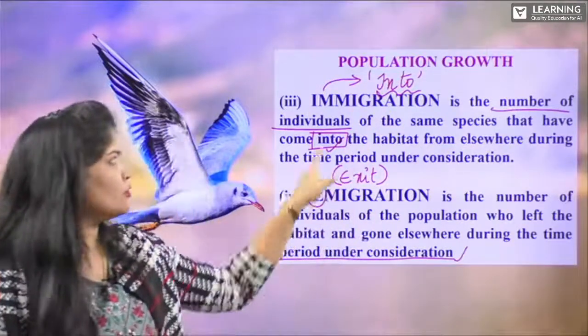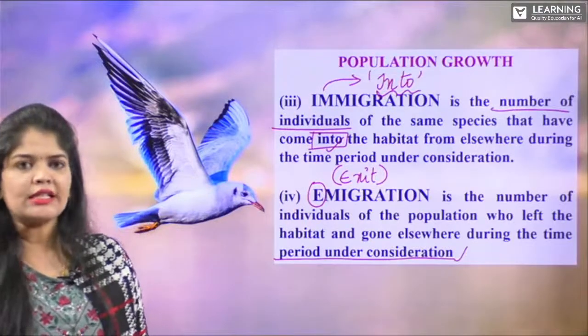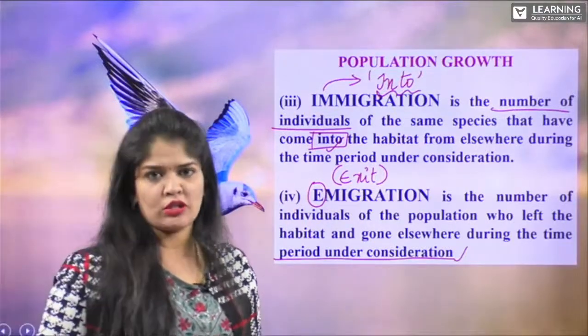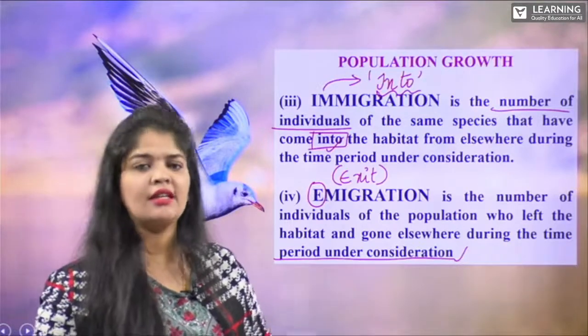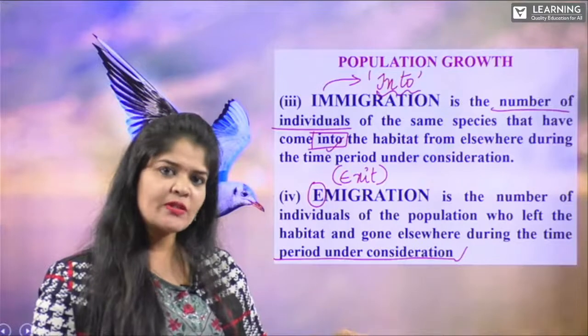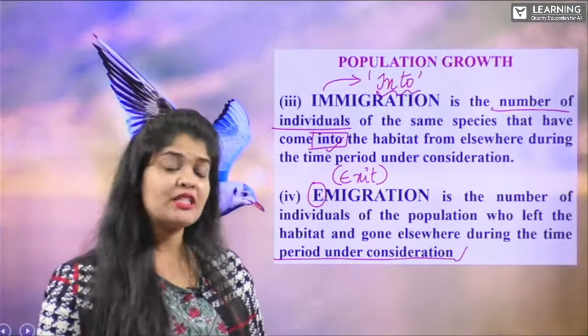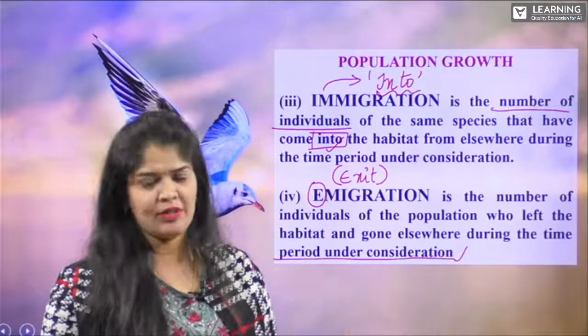That is the thing we have to remember. So the 4 basic processes: natality, birth; mortality, death; immigration, number of individuals coming into the habitat; emigration, number of individuals leaving the habitat, right?